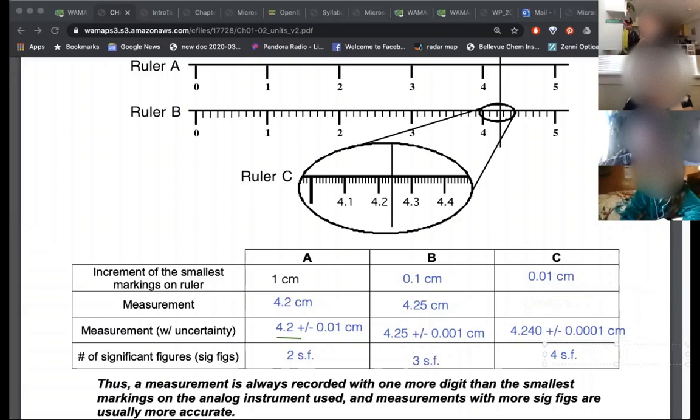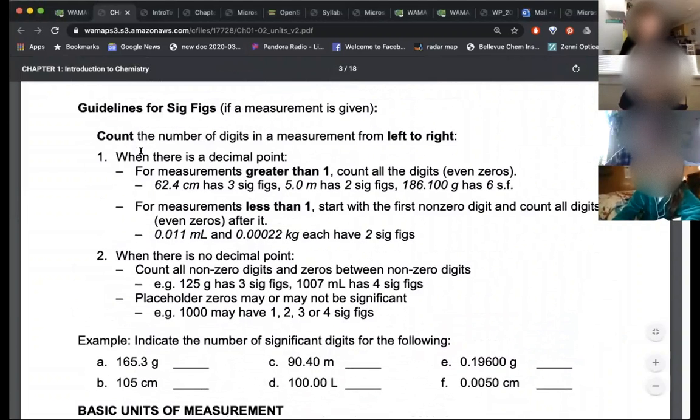So that is the purpose of our lab today, to read devices to the correct accuracy. And that means if you're given a nice ruler with all these markings, that you show that 0 on there if it's appropriate, that you show the correct number of significant figures. I can scroll down. Okay, so the guidelines for significant figures.